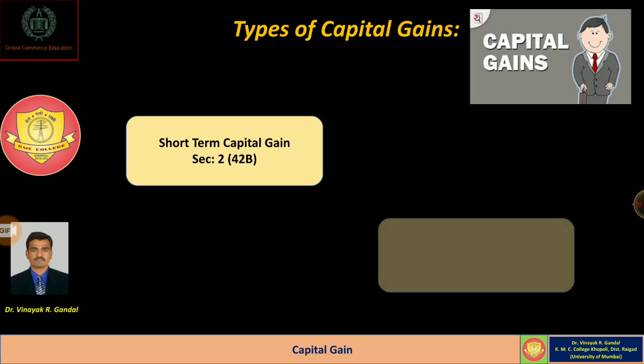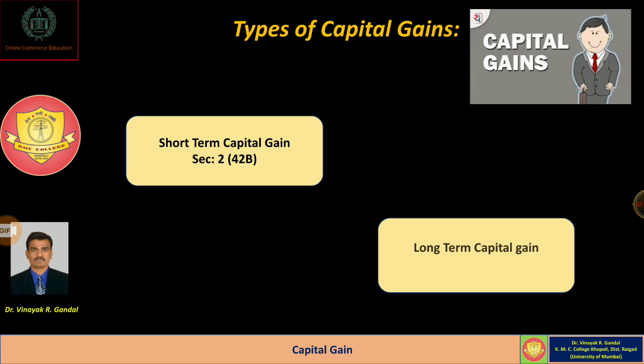Okay. The second type of capital gain is long-term capital gain. As per Section 2(29B), long-term capital gain means the capital gain arising from the transfer of a long-term capital asset. And generally for tax purposes, long-term capital gain is classified into two categories.